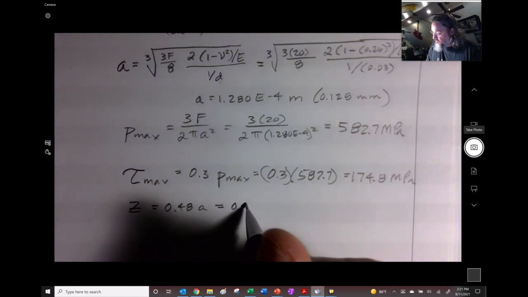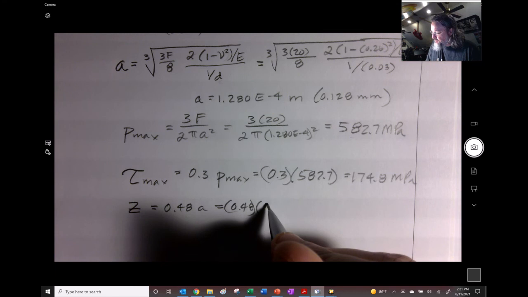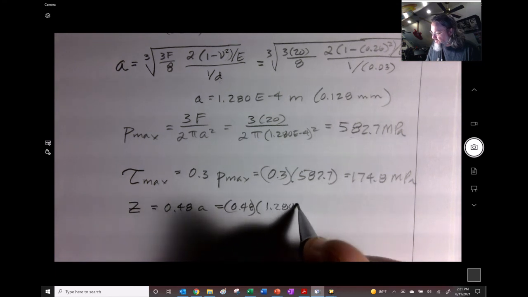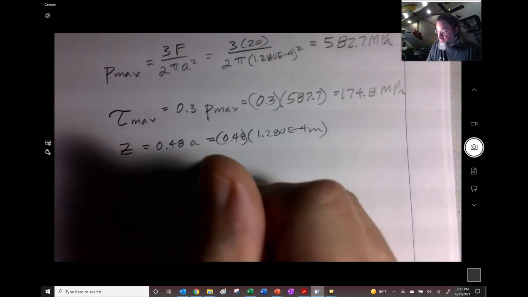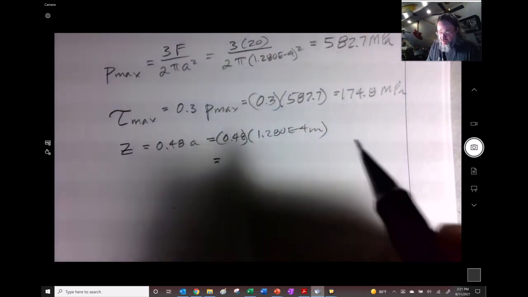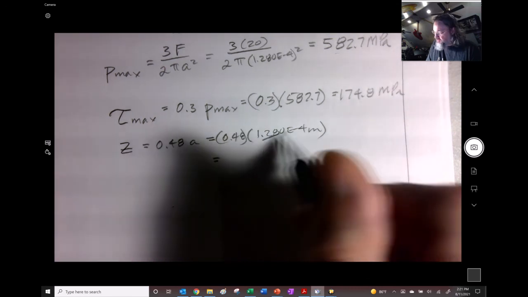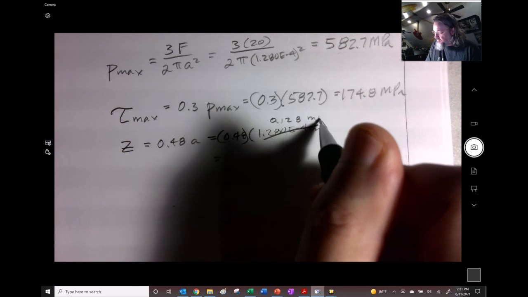So 0.48, and I'm plugging numbers in, which you could definitely do yourself, times 1.280e-4 meters, and turn them into millimeters. Might as well turn them into millimeters, right? Might as well just say 0.128 millimeters.